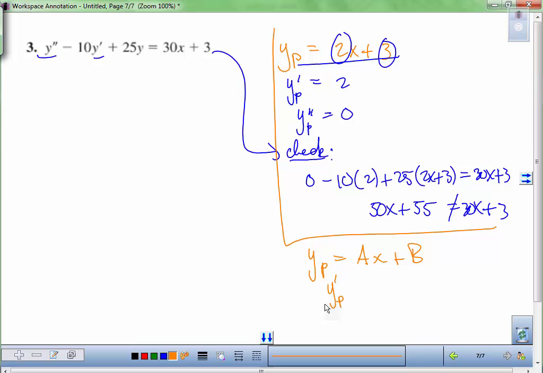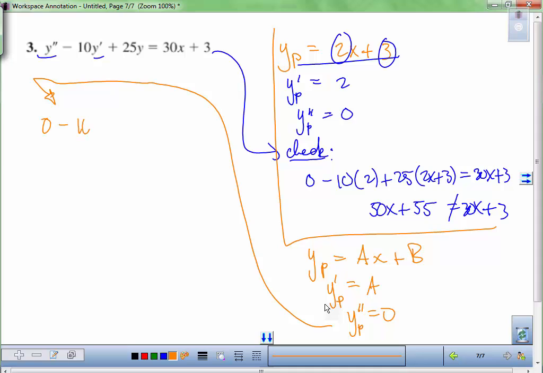Yp prime is just going to be a, and yp double prime is going to be 0. So let's plug that into the equation. We're going to get 0 minus 10y prime, which is a, plus 25 times y, which is ax plus b, should equal 30x plus 3.